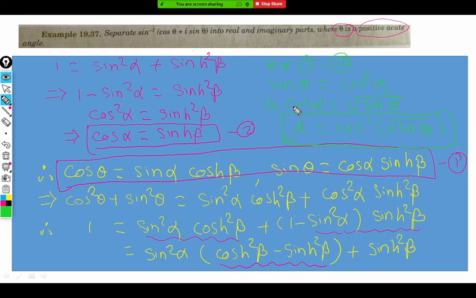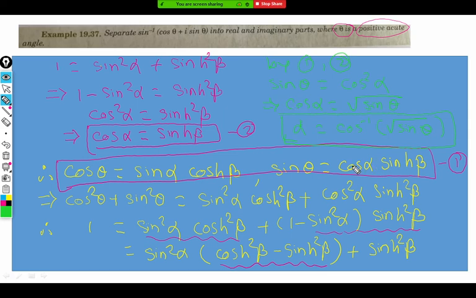Now we got alpha. Similarly, we can compute beta. Beta is a little lengthy, but yes, we can compute.